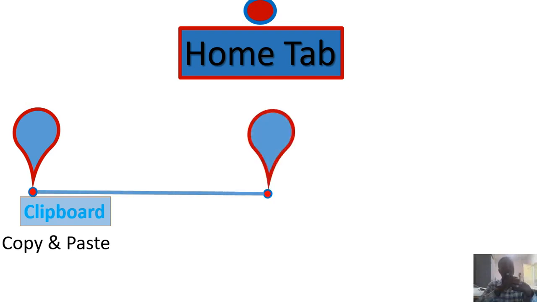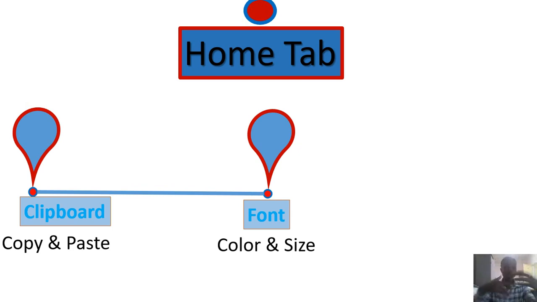And then the next point is font. You can change the font color and the font size. And font color, you may choose to have any color of your choice. You highlight the text that you want to change, you choose the size, or you can insert a certain number in that section where we have the color command, then you apply it.